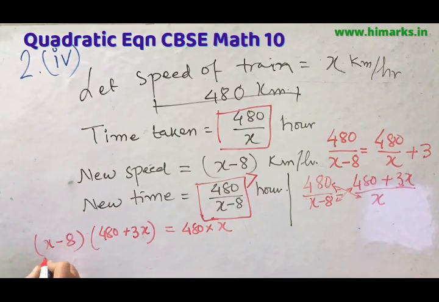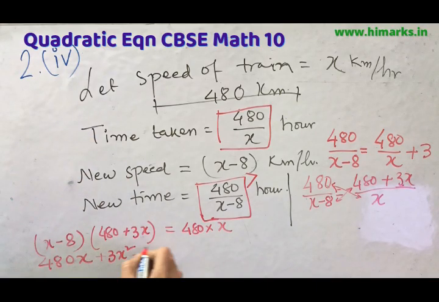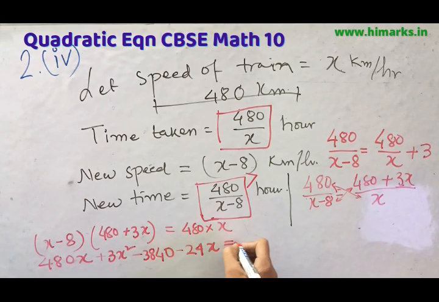Now we'll simplify here. x times 480 is 480x, then x into 3x is 3x square, minus 8 and 480 you have to multiply. 8 times 0 is 0, 8 times 8 is 64, okay, then minus 8 and 3x is minus 24x.